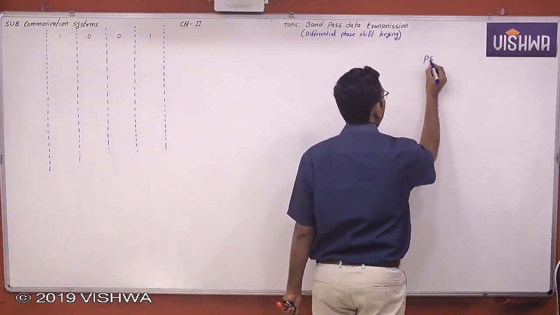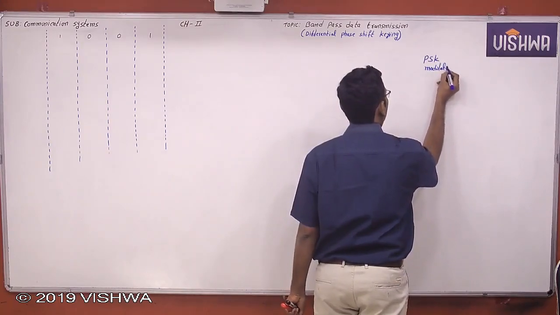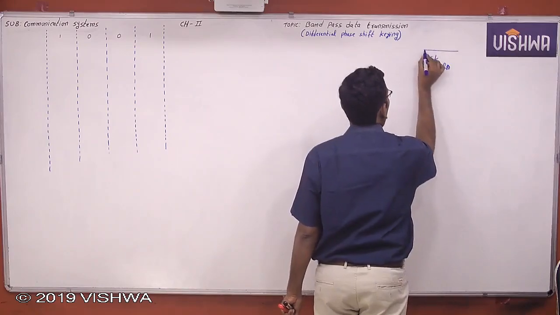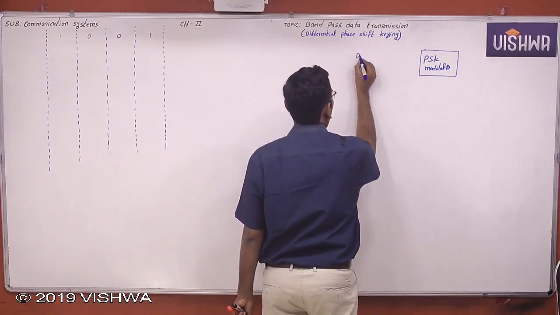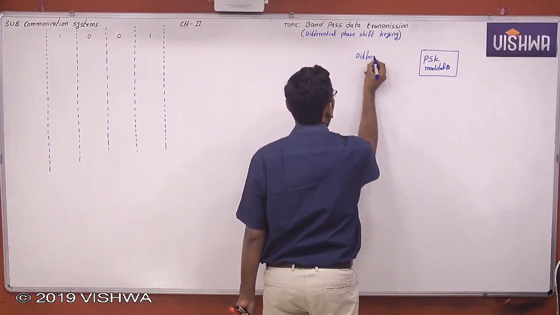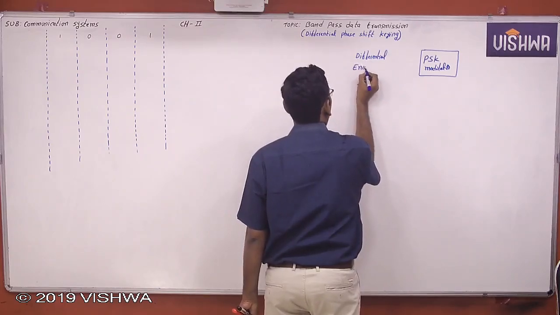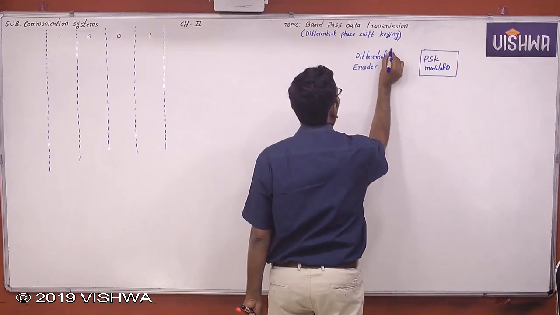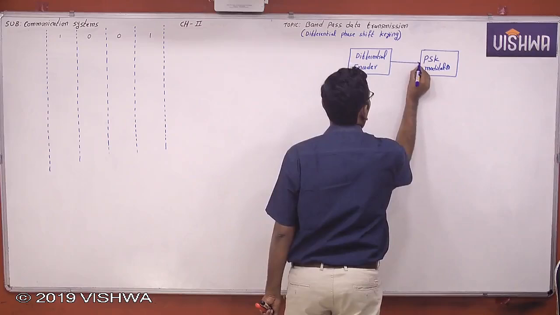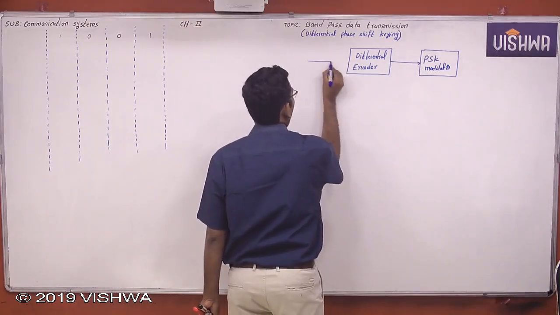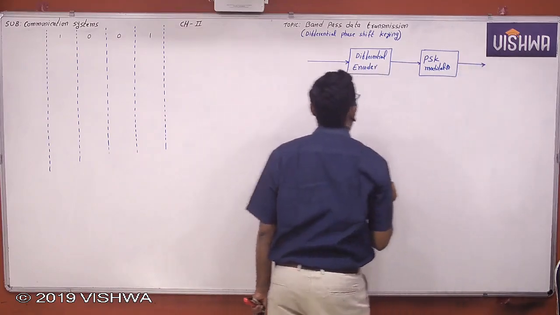This is a PSK modulator, which produces a PSK signal. But we are doing a small change here: a differential encoder followed by a PSK modulator.